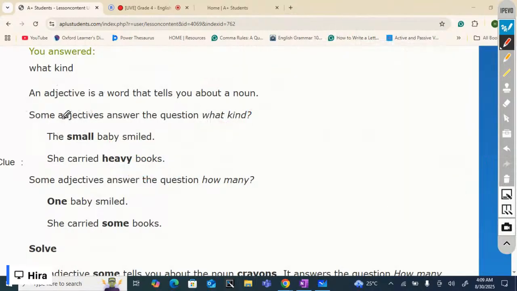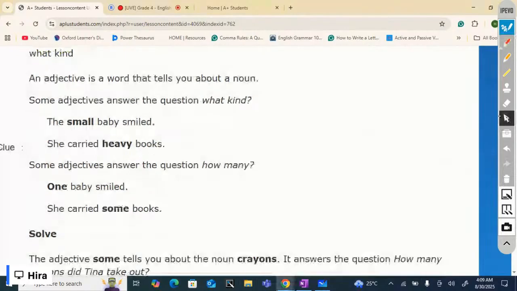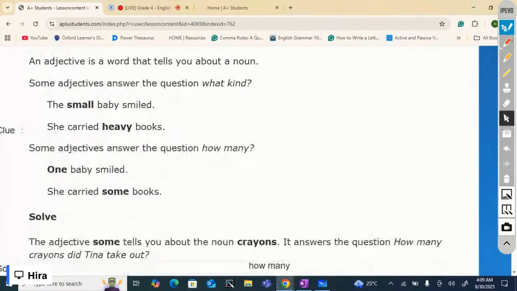Now we have understood that some adjectives answer the question what kind, but some adjectives answer the question how many. How many persons, how many animals, how many places, how many things. They answer the question how many, but still they tell about the noun.